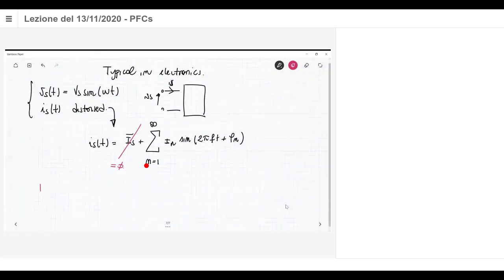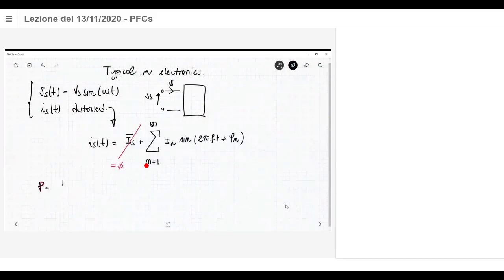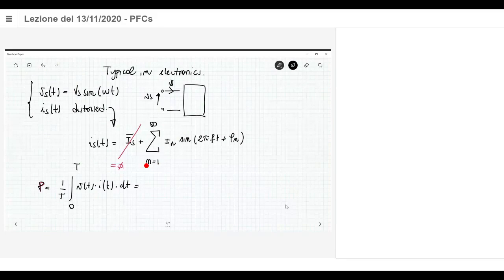In order to get the average power, I have to apply the definition, which says that I have to integrate the current and the voltage over the period T. But remember that this integral is not null only when you multiply components of the voltage and the current that are at the same frequency.